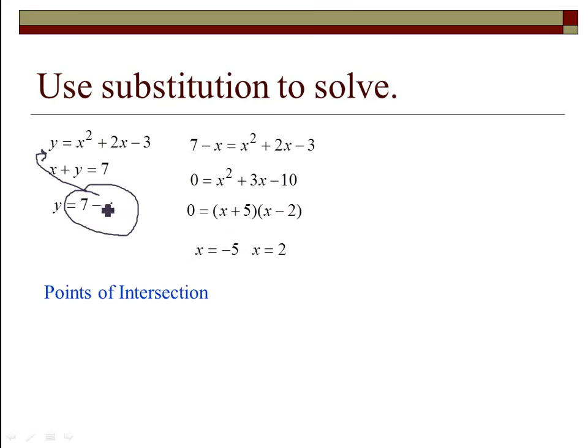So I get 7 minus negative 5, that gives me 12. So I get negative 5, 12. Then I have x equals 2. I'm going to plug it into this equation. I get 7 minus 2, and that's equal to 5.